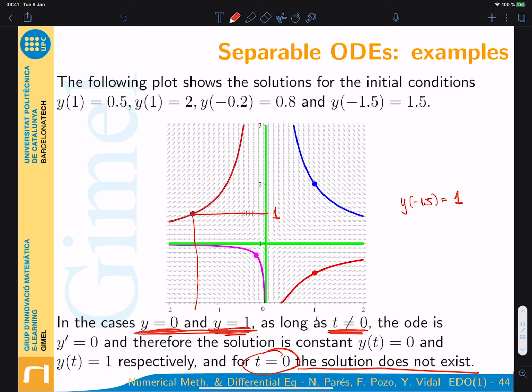So if I use this initial condition, I will have a solution that goes through this point, and that solution is unique. And the same if I took y equals 0, but any initial condition that is given on this line, t equals 0, has no solution. The solution doesn't exist.